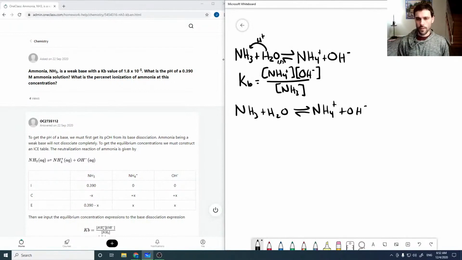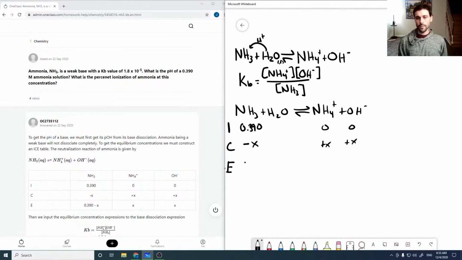Okay, so we're given that the initial concentration is 0.390 molar, and we would have 0 of these. Our change is going to be minus X in NH3, and then plus X in each of these.